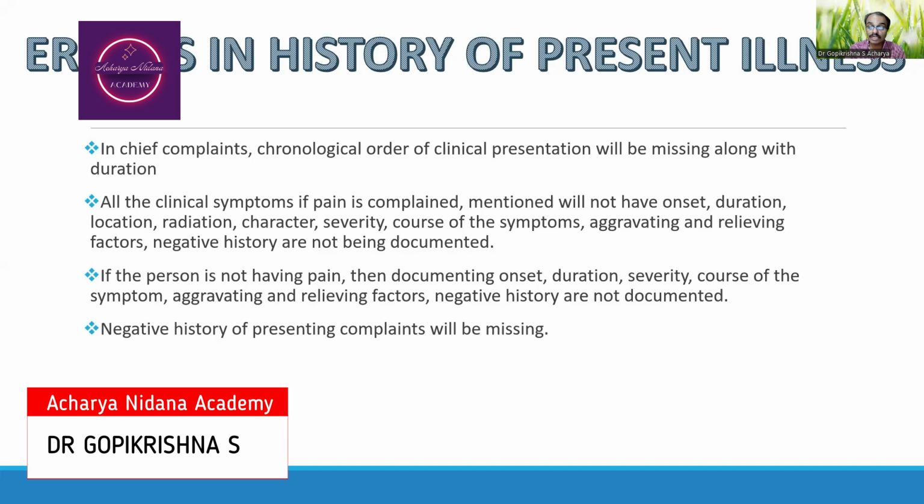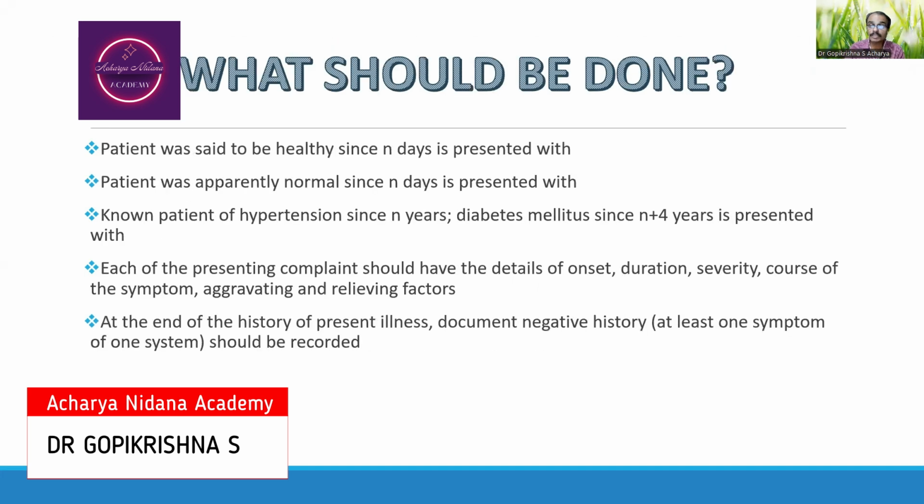Any aggravating, relieving factors will not be there, and negative history will not be documented. And if they are following these, then negative history of the presenting complaints related to the systemic dysfunction will be missing. In that particular situation, what can be done?